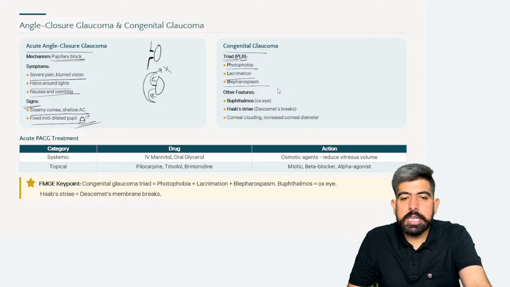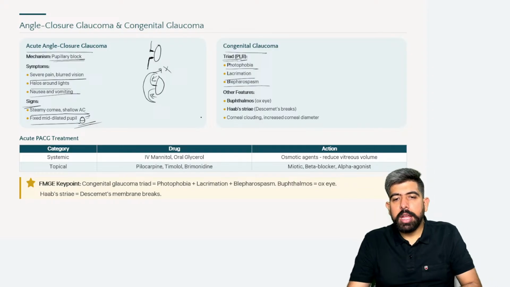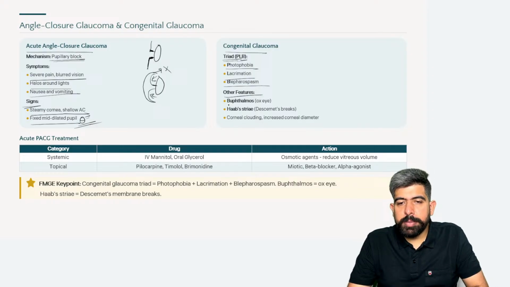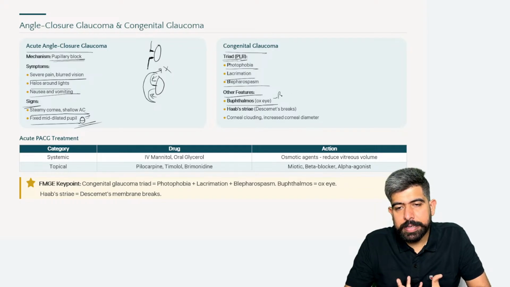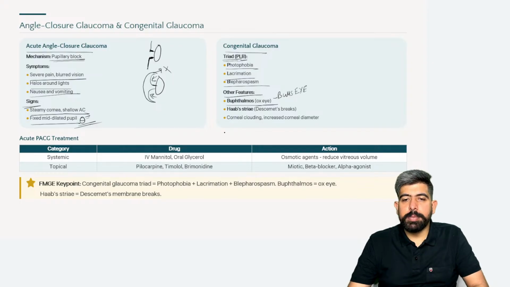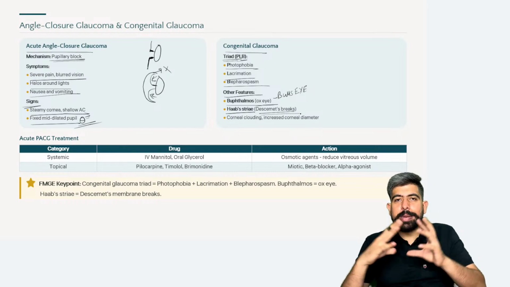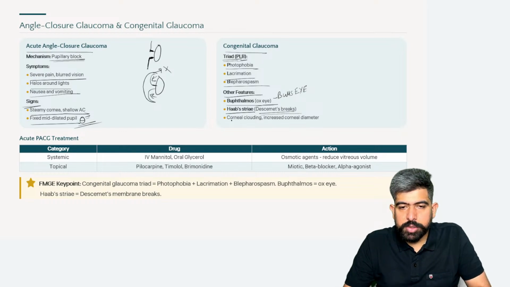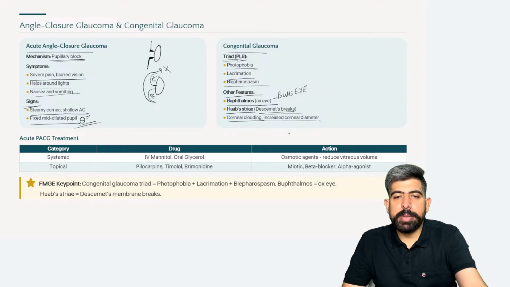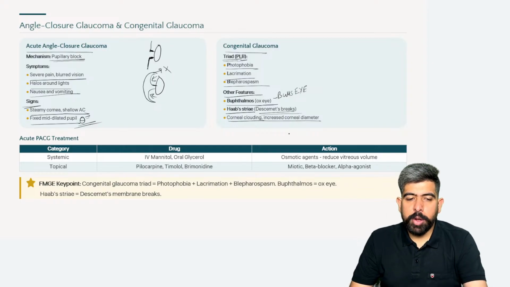Other features are buphthalmos, which is the ox eye, or bull's eye. Also, Haab's striae are seen, from breaks in Descemet's membrane. Corneal clouding and increased corneal diameter will also be seen in congenital glaucoma.